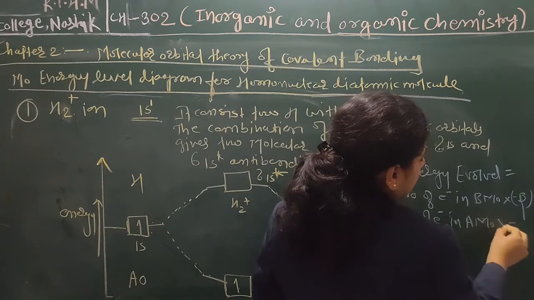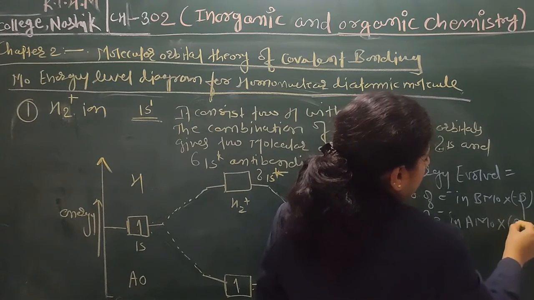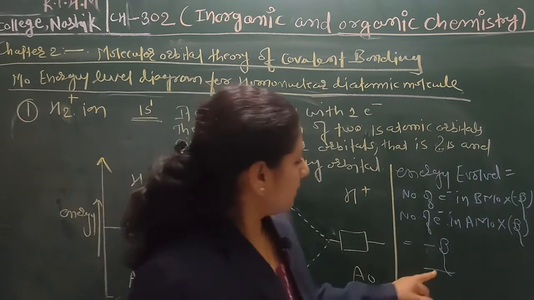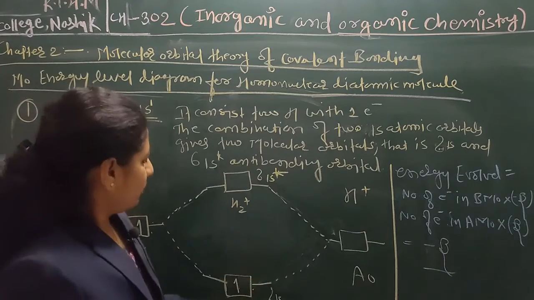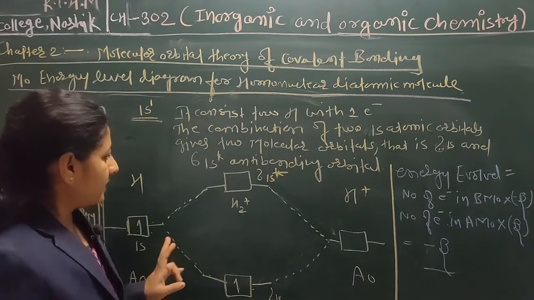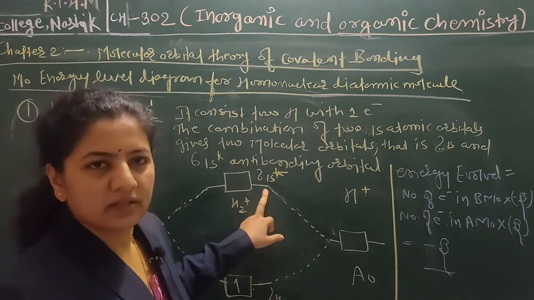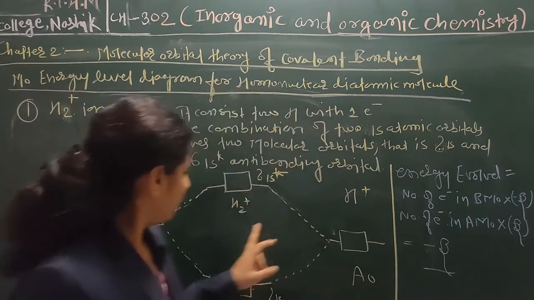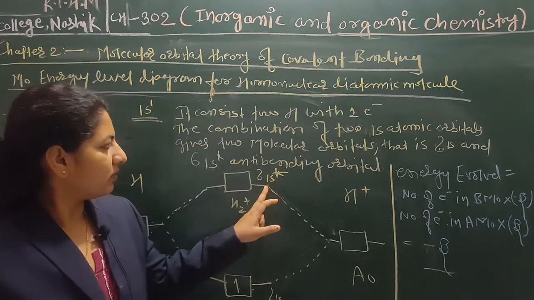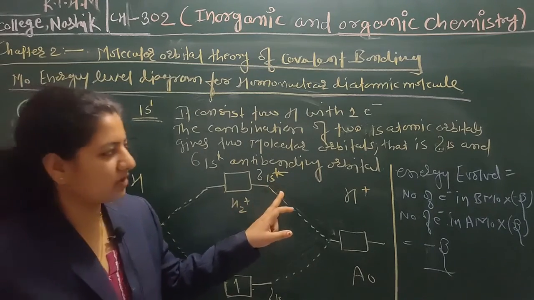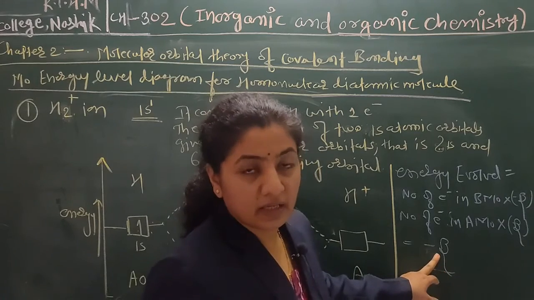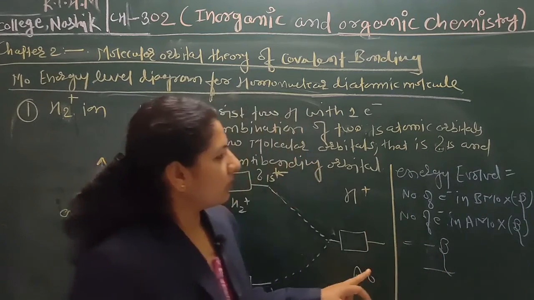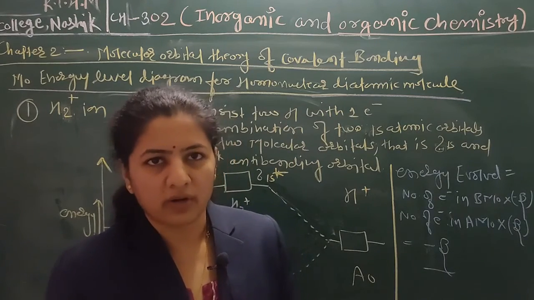This is also known as the stabilization energy. The bonding molecular orbital is 1s and the antibonding is 1s star, so there is some stabilization, and we can say that beta is the stabilization energy for H2. From that we can calculate the bond order.